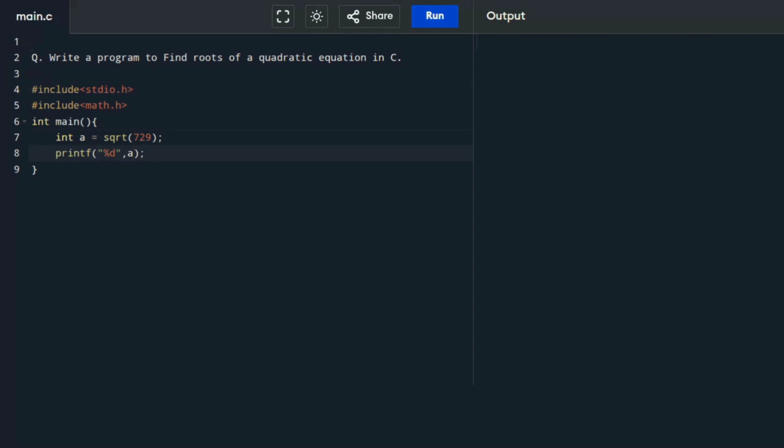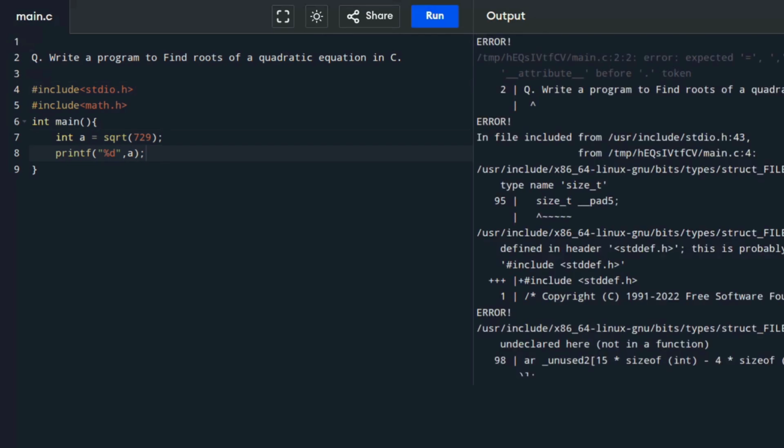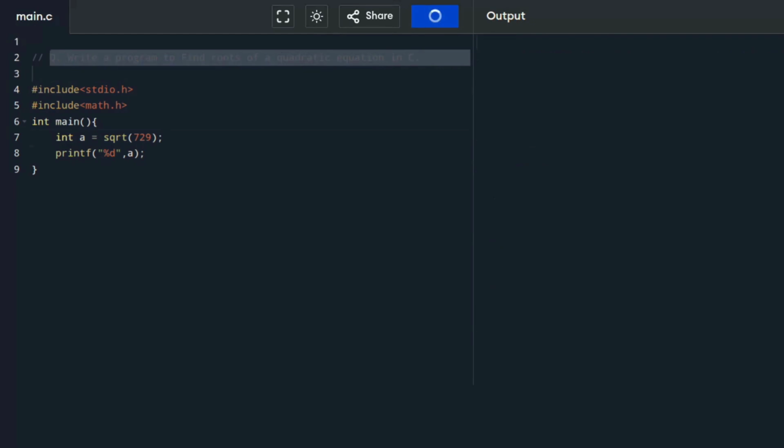So let's see what the answer is. Just a second, I didn't include it. Alright, so the square root of 729 is 27.